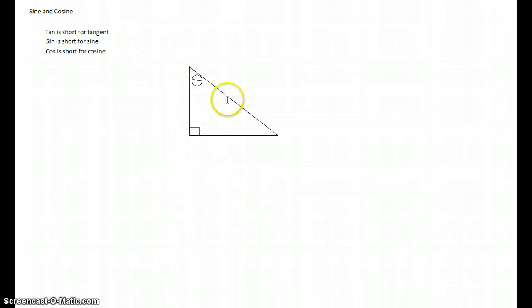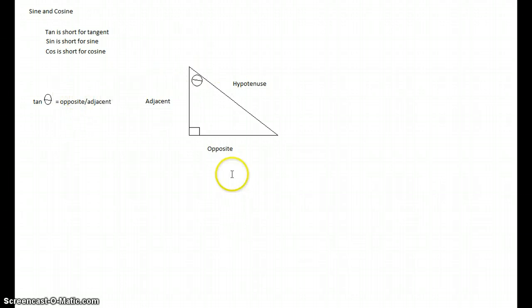It's going to be across from the right angle, so I'm going to label that hypotenuse. I know the opposite is going to be directly across from theta, so I'll label that opposite. And of course, the third side that I don't have labeled, I'm going to label adjacent.